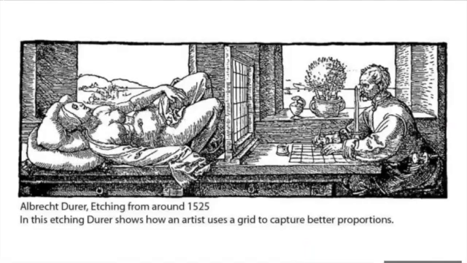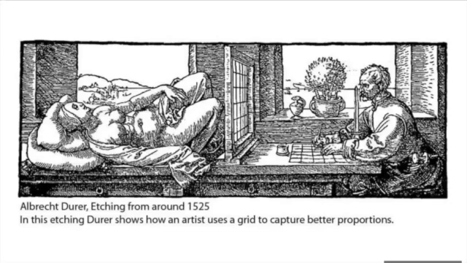So in order to understand perspective, or space, as accurately as possible, people started inventing tools to figure out how to translate what they were looking at as realistically as possible onto their pieces of paper or canvas.